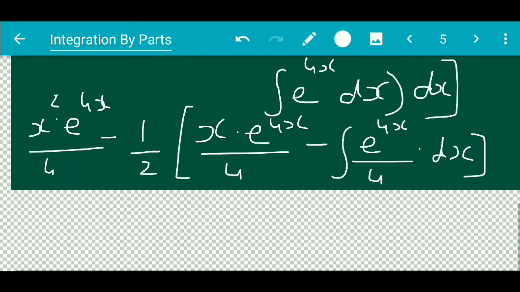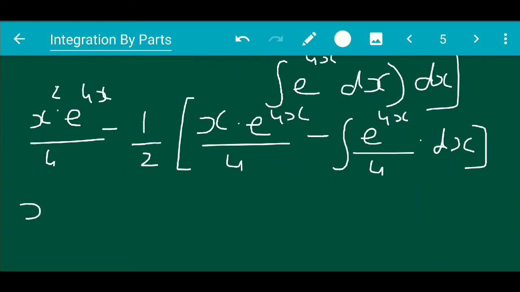Then in the next step the integral sign is not yet gone. The first few terms are written as they are.